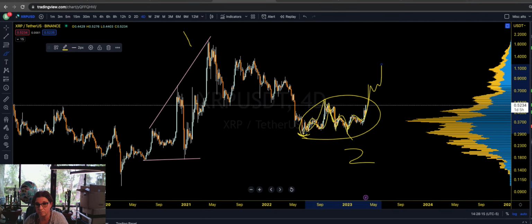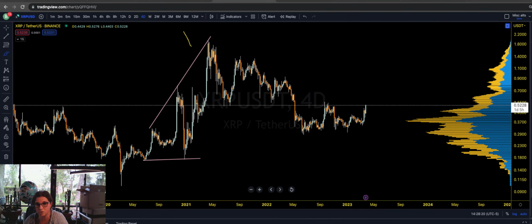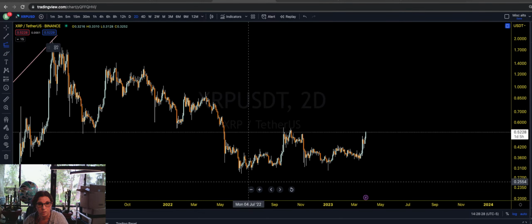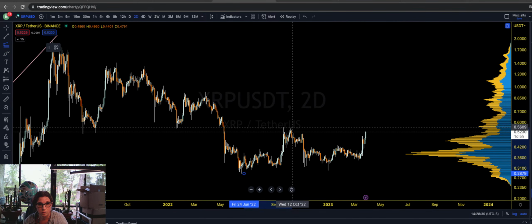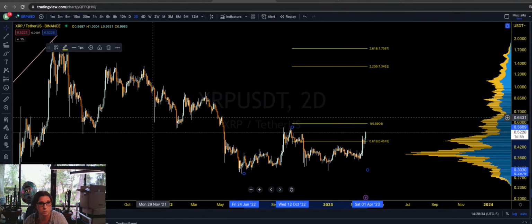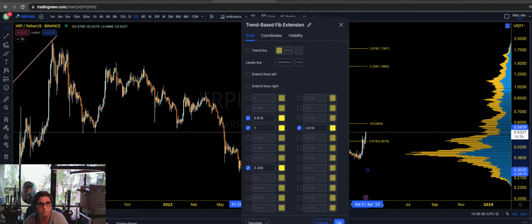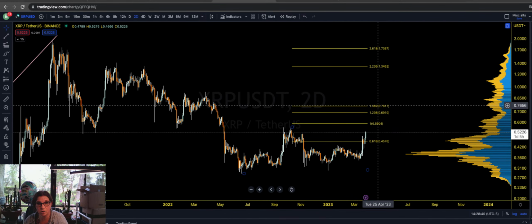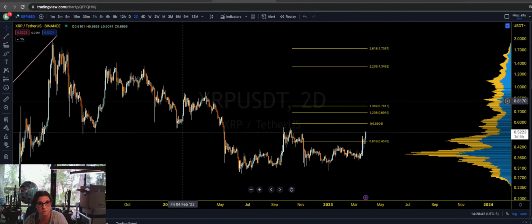But XRP is running right now, and it always seems to run without the others. Does its own thing, kind of. So watch the 1-to-1. And it's probably going to try to get back up into this area right here.